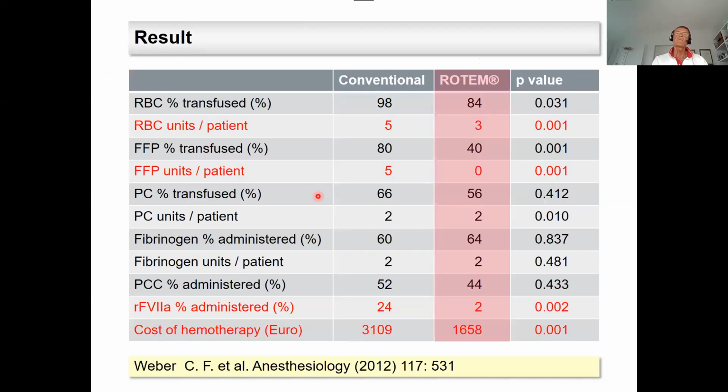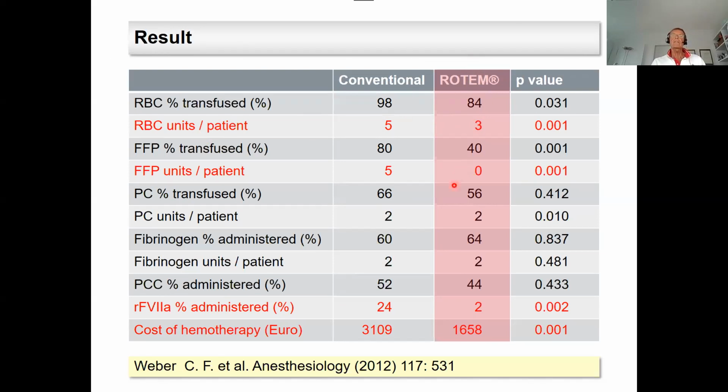And you can see here why the IRB stopped the study, because the ROTEM-treated patients, instead of receiving 5 units of RBC, only received 3. In terms of FFP, instead of 5, they had 0, which is certainly correct.